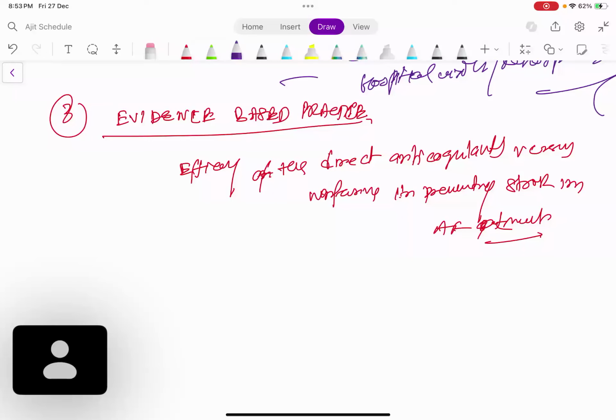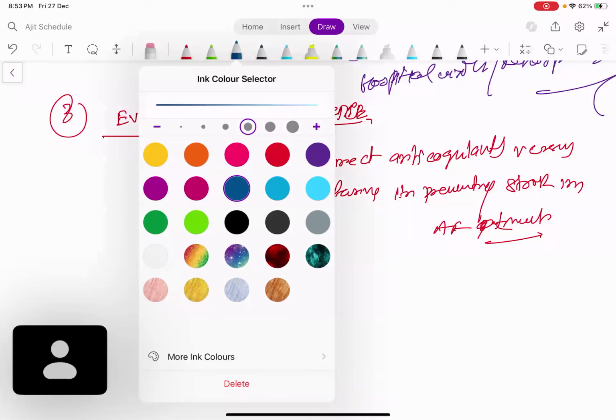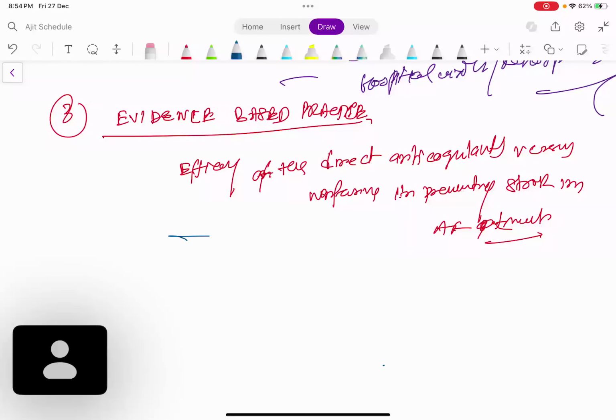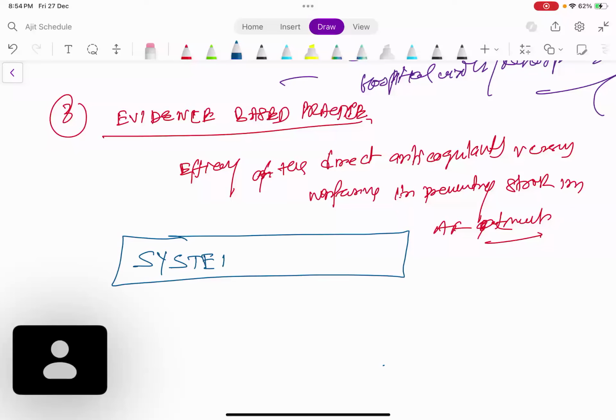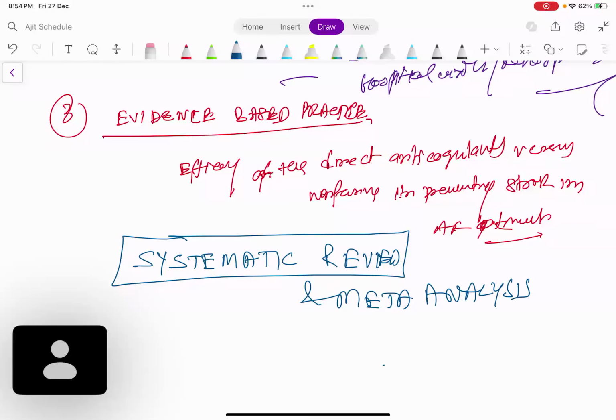What I'll do is, I will rather go with systematic review and meta-analysis. I'll not go for the study. I'll go for systematic review and meta-analysis.